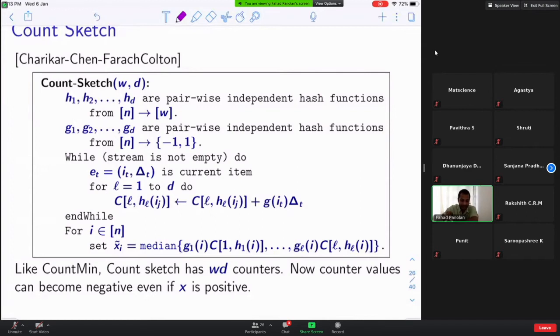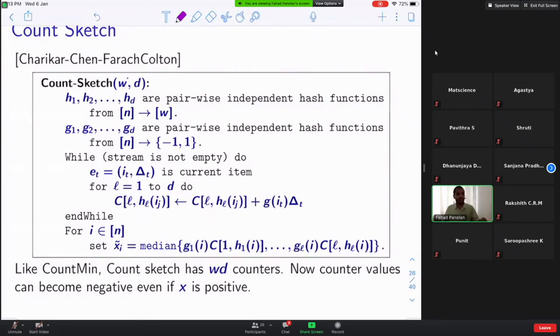Okay, and how does it work? If you look at this procedure, it has two parameters, W and D, where D represents the number of hash functions, and W is the width of the hash function. What do I mean by width of the hash function?